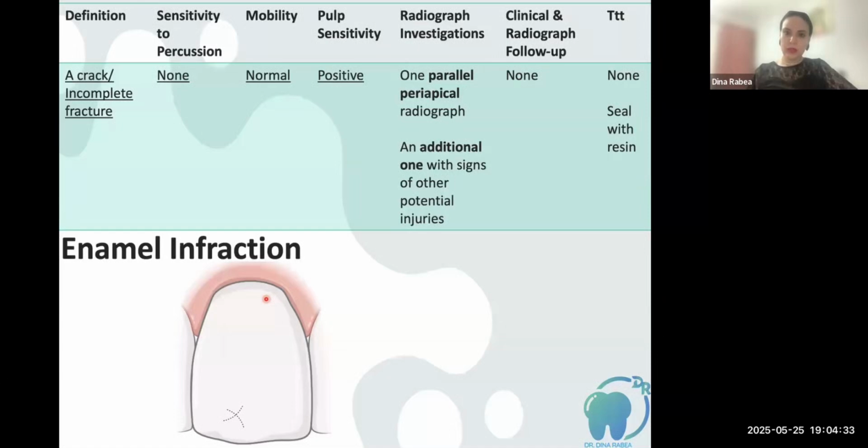Also, mobility is normal. Pulp sensitivity is positive, the pulp is alive, and for radiographic investigations, we would like to see one parallel periapical radiograph for this kind of fracture. And maybe if other signs of potential injuries accompany this mild fracture, we would like to see an additional radiograph according to the case.